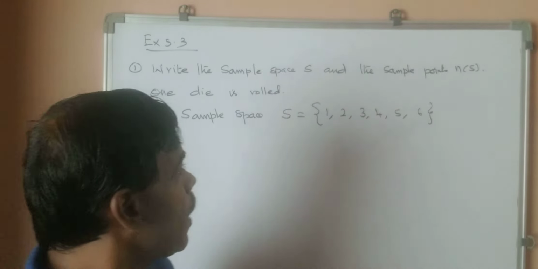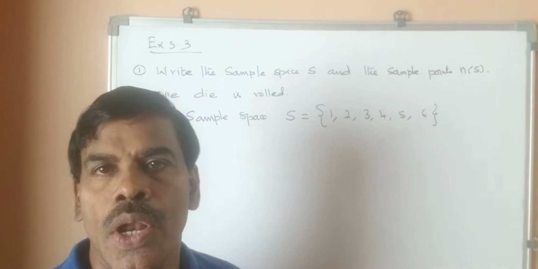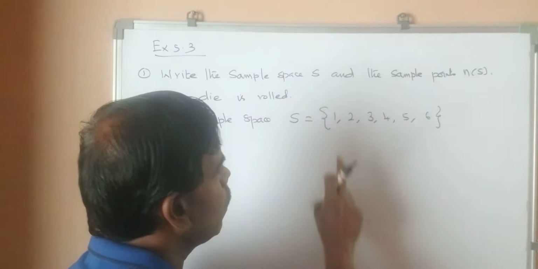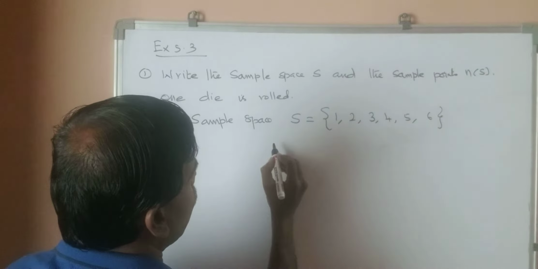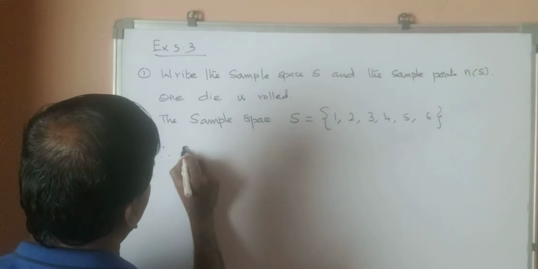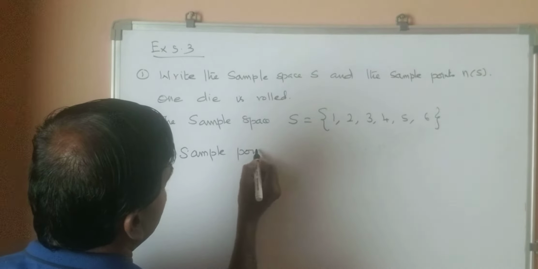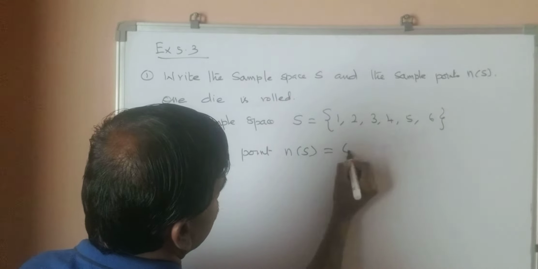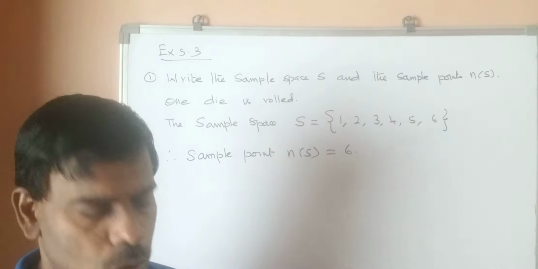So sample space is {1, 2, 3, 4, 5, 6}. Now you tell me how many elements are there? 1, 2, 3, 4, 5, 6. That is called sample points. Therefore, sample points n(S) equal to 6. That's all. No more things.